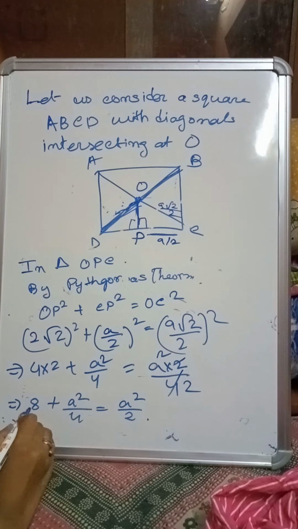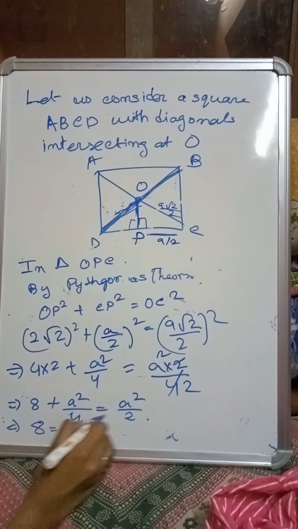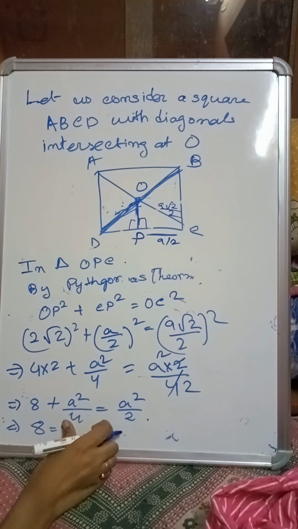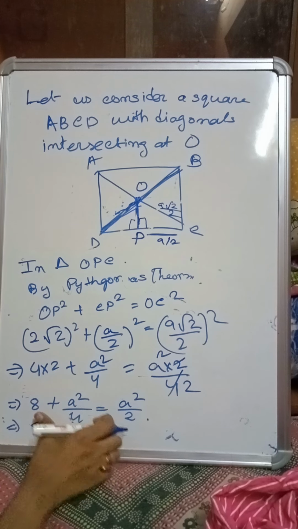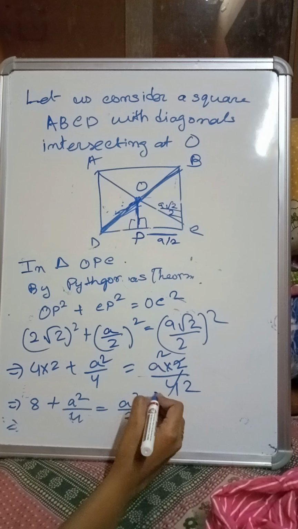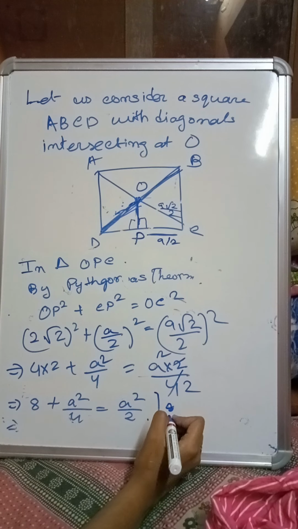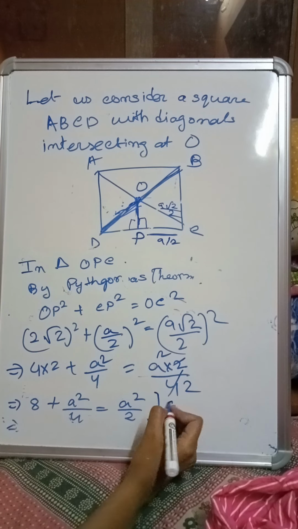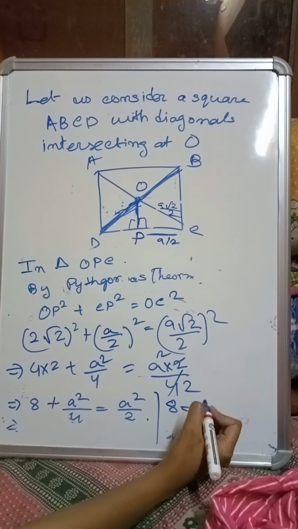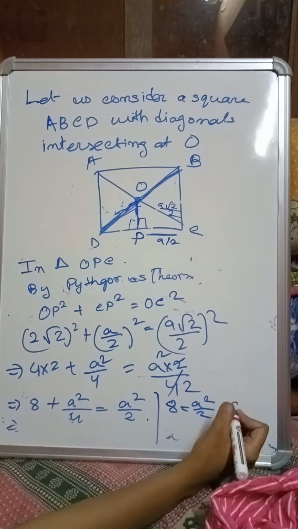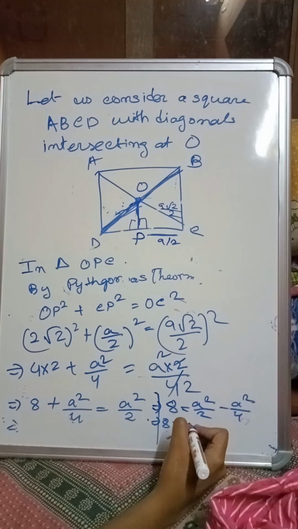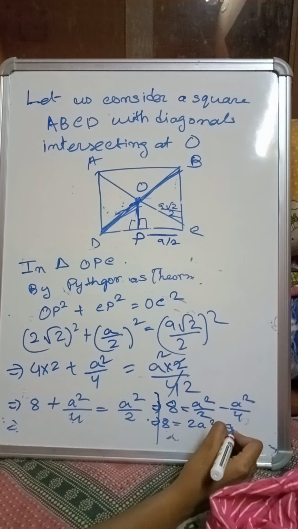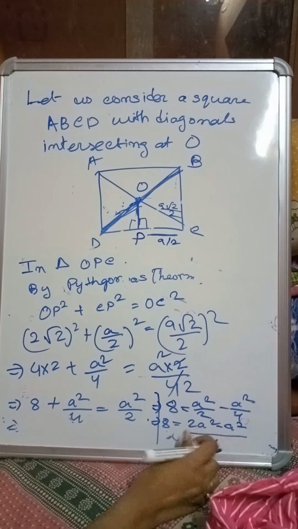Okay. So I am bringing this a square by 4 to this side. So 8 equals to a square by 2 minus a square by 4. So 8 equals to 2a square minus a square by 4.